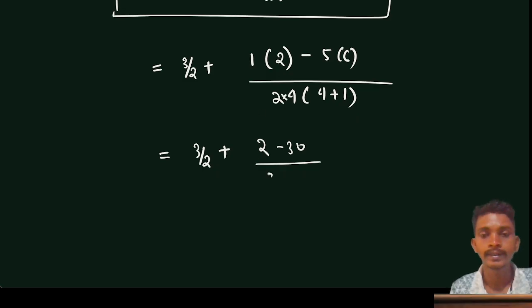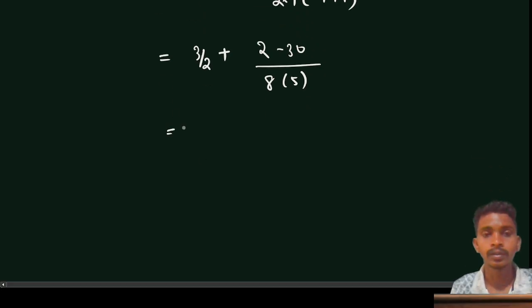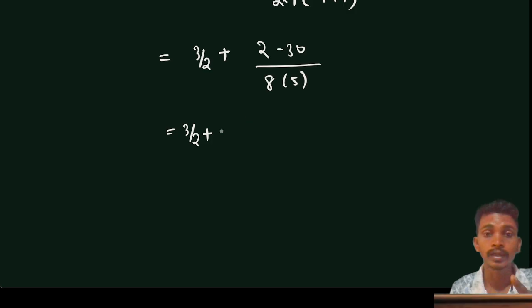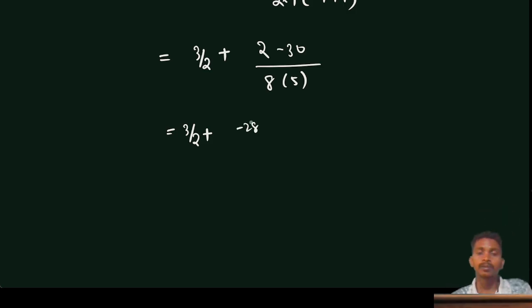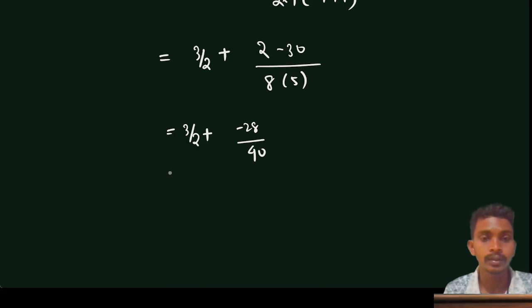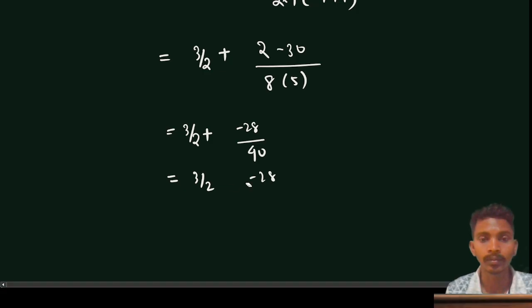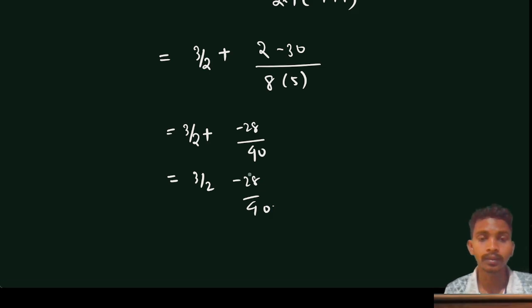So 2 minus 30 is minus 28, so 3 upon 2 plus minus 28 upon 40.